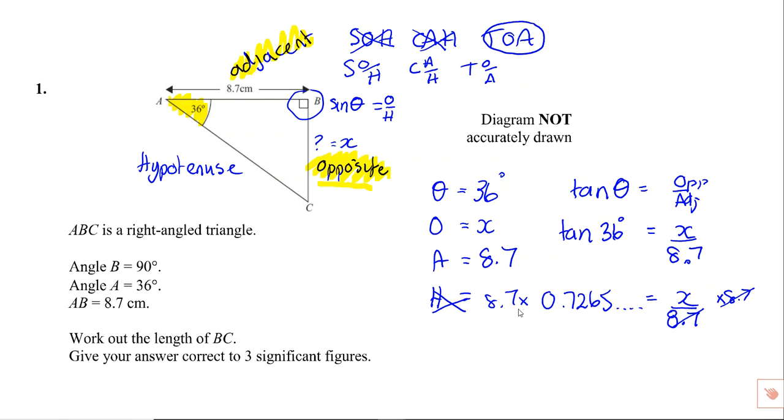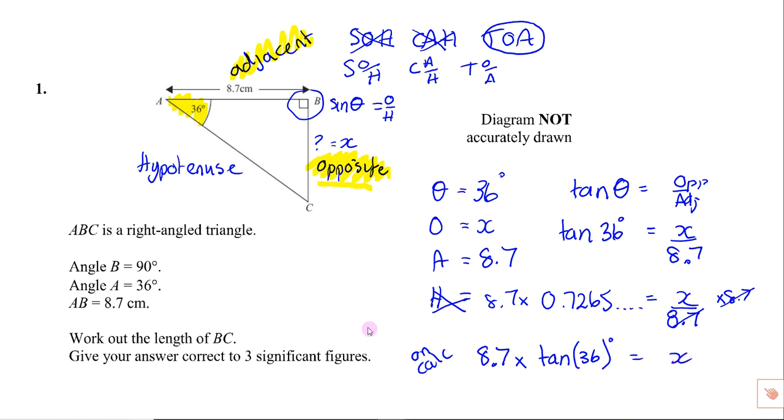You make it less, not less complicated, less exact or less accurate. So what have I done to my final answer? Made it less accurate. So what you can actually do on your calculator is type in 8.7 times tan, and then it will have brackets, 36, and that will give you x.